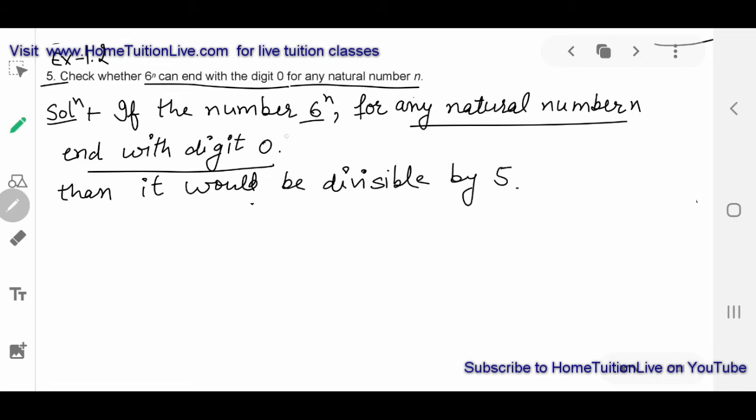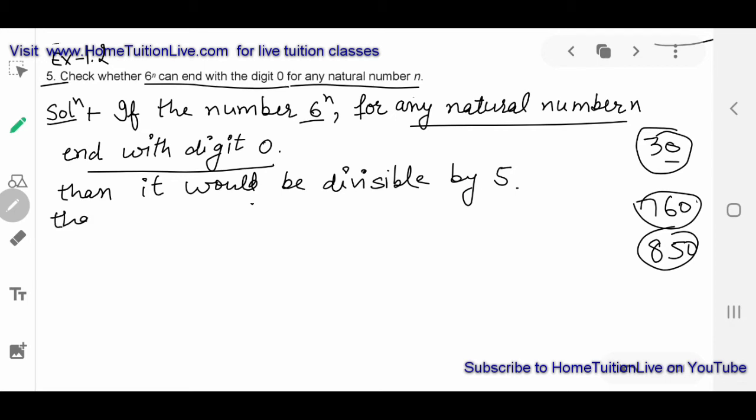You can check for each number that ends with 0, like 30 and so on, it is divisible by 5. All these numbers are divisible by 5, so all numbers that end with digit 0 must be divisible by 5.